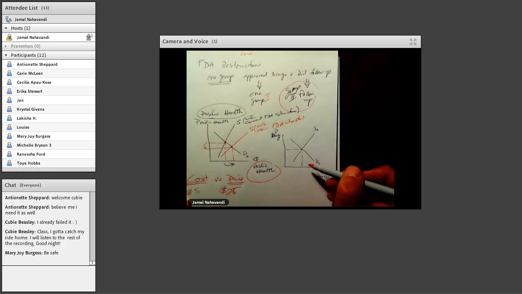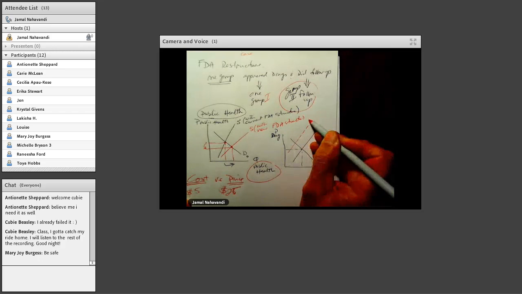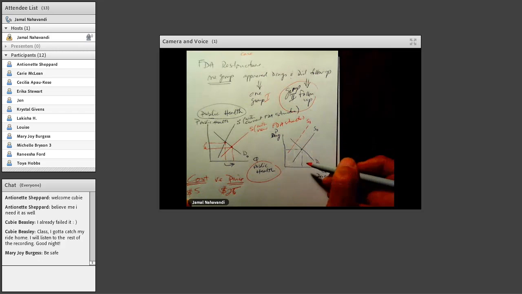Given that, the cost to the drug companies will rise. And if that's the case, then the supply curve shifts to the left, because they have to put in more time and resources to make sure the drug really is beyond any doubt going to perform well in the marketplace.